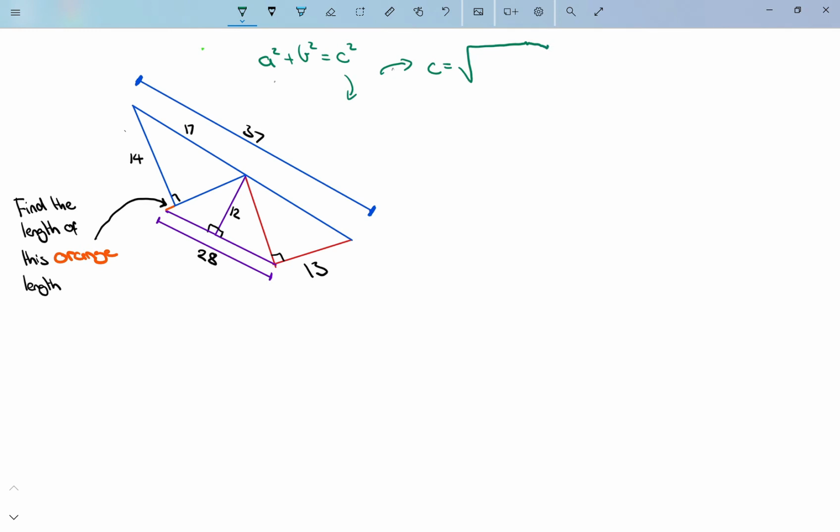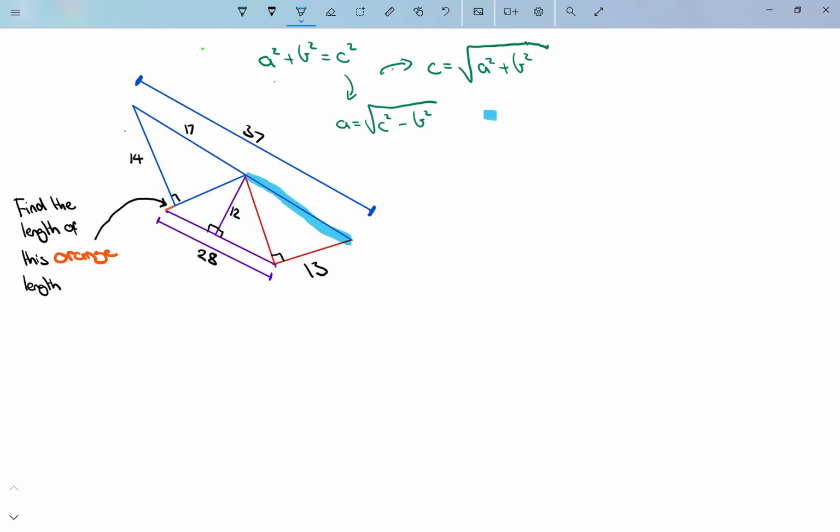So we can do c equals the square root of a squared plus b squared. And the good thing about this is we can just put in a string into our calculator. And the other formula is a equals the square root of c squared minus b squared. And again, you can just put that as a string into your calculator.